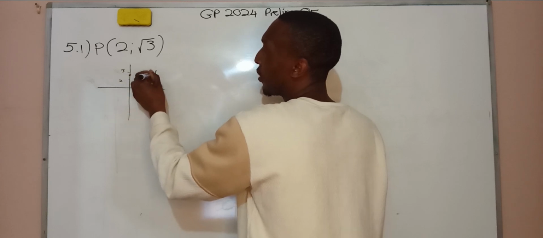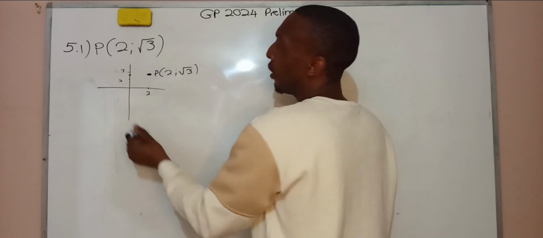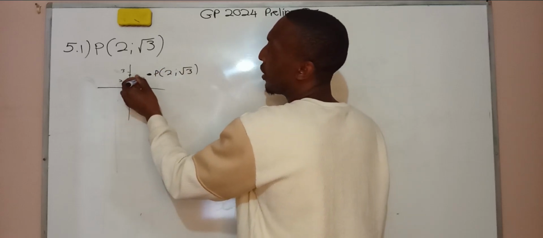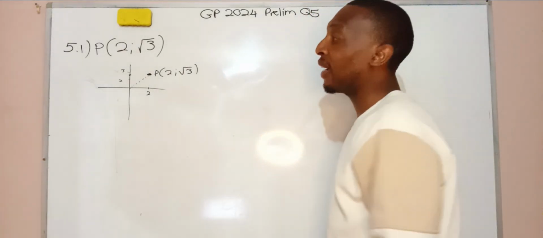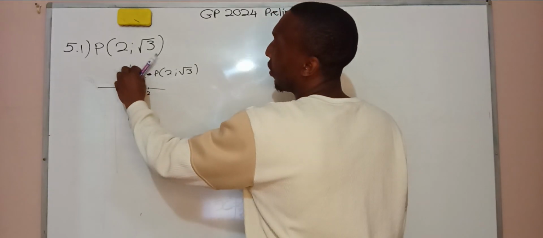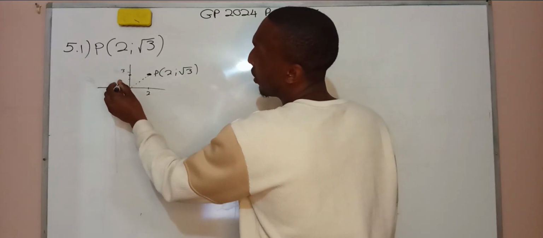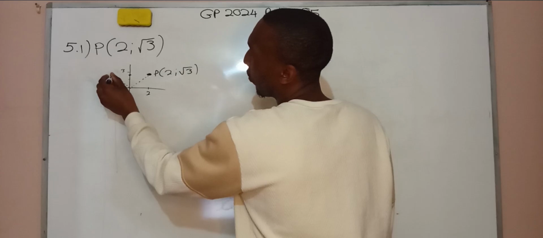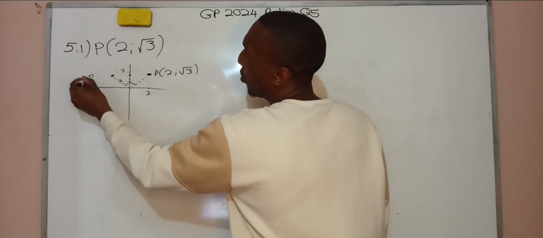So this is my point (2; square root of 3). Now I'm going to draw an imaginary stem to that point, and we are rotating this 90 degrees anti-clockwise. So it means that my new point will be somewhere there. If it's rotated 90 degrees, this is P prime, my image.